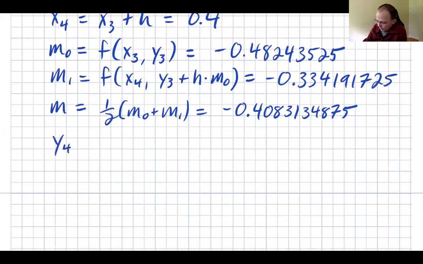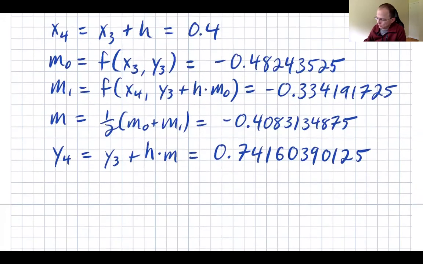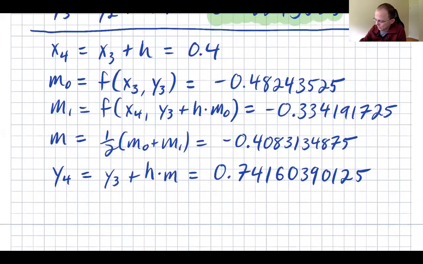And y4 is y3 plus h times m. And we get 0.741603901125. You want to keep as many digits as possible, preferably store it in the computer memory or calculator memory.